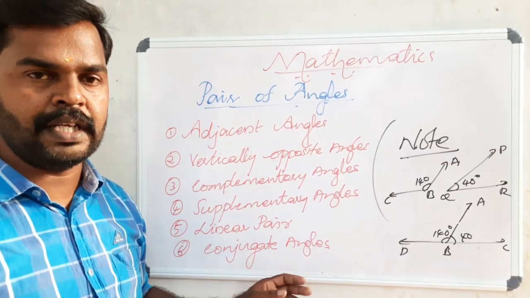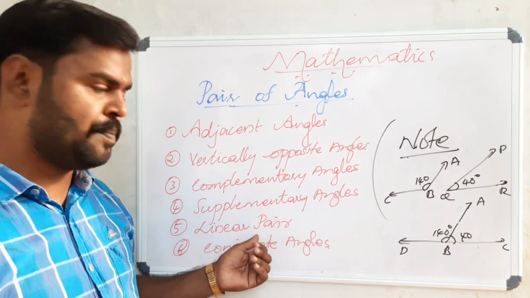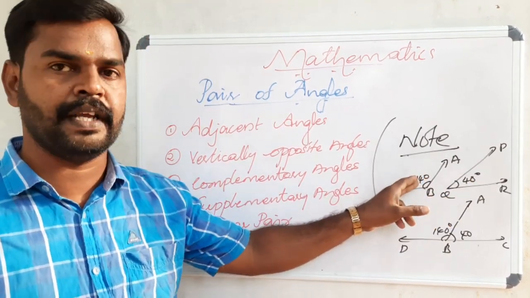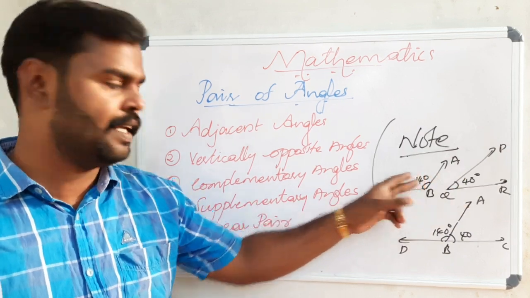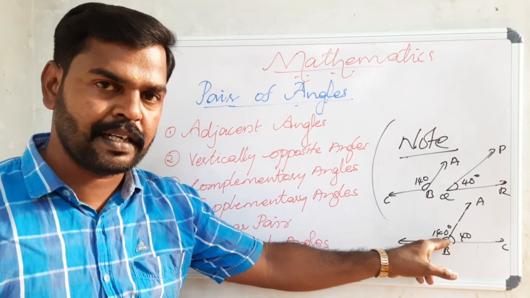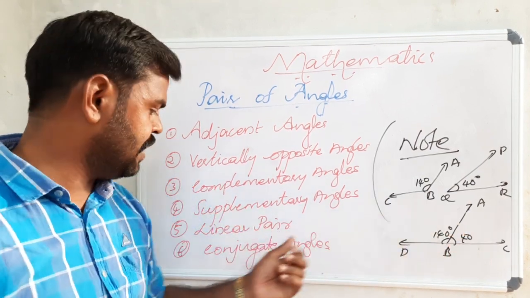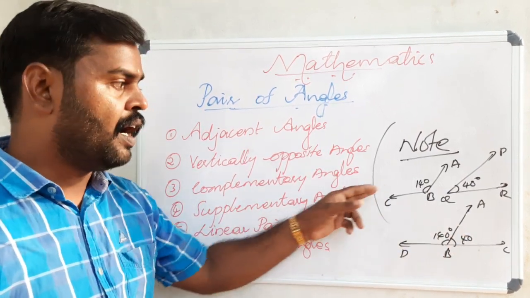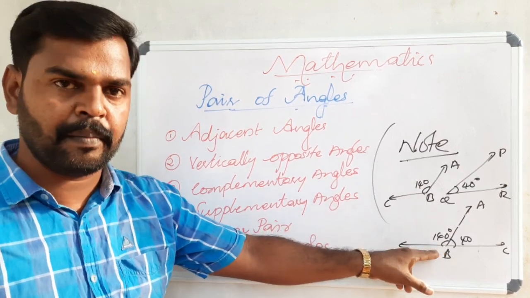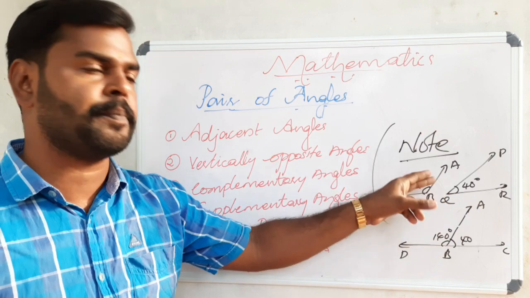Now, one important note about supplementary angles and linear pair. Just the sum of two angles, here 40, here 140: the sum is 180, it is supplementary. The sum of two adjacent angles being 180 is a linear pair. From that, all supplementary angles are not linear pairs, but linear pairs are supplementary.